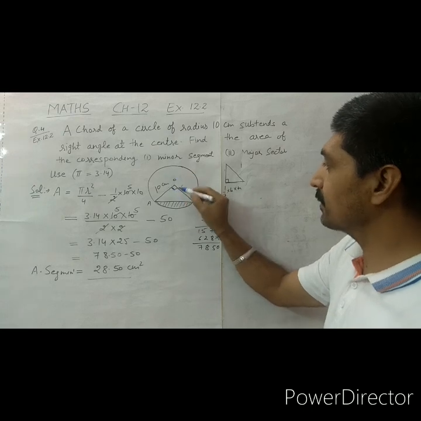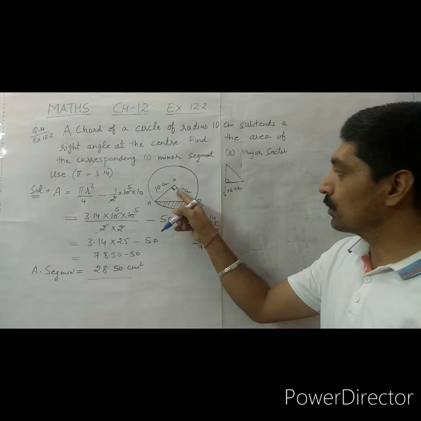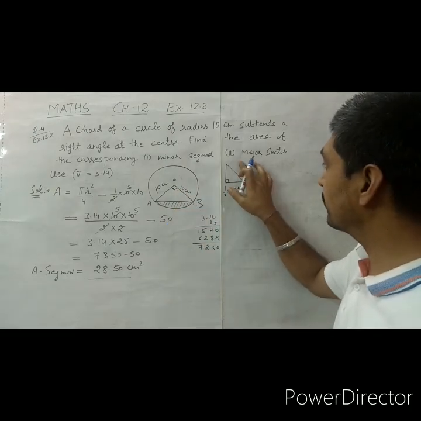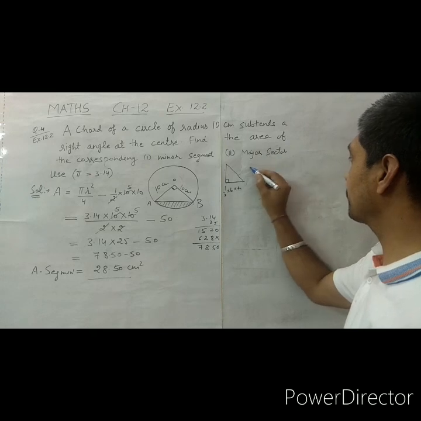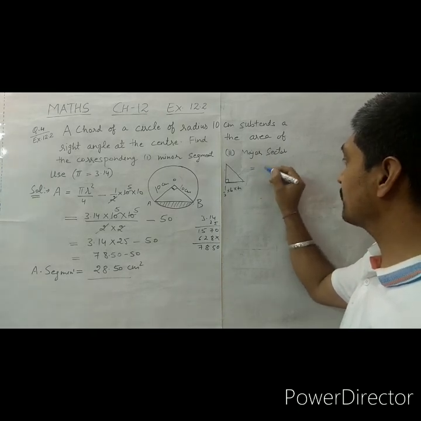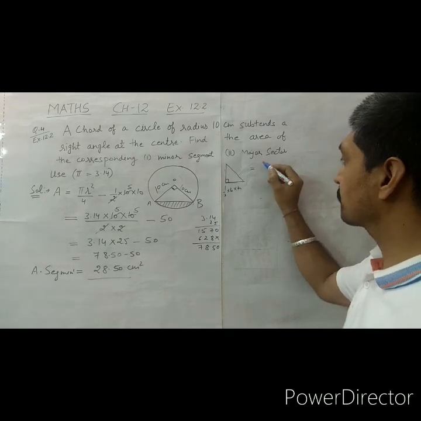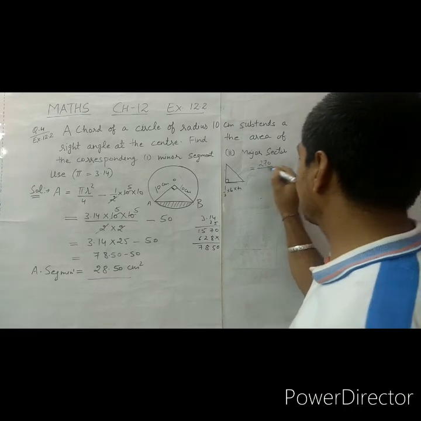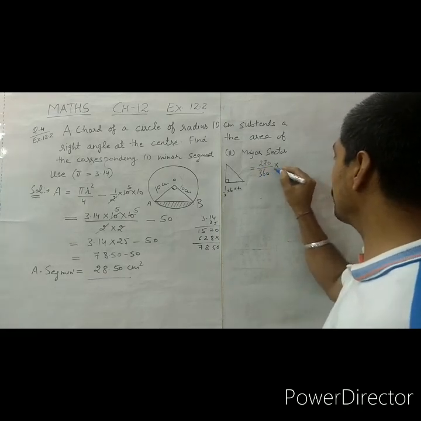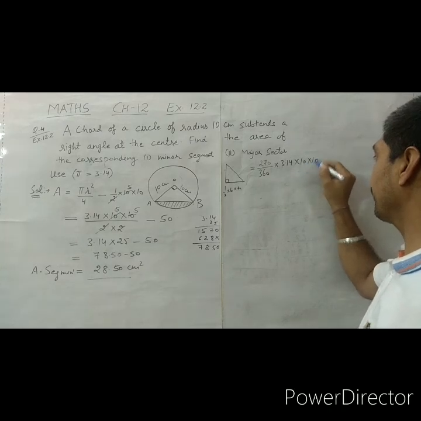This angle is now 360 minus 90, so that is 270 degree. So the area of the major sector is equal to, theta is 270 degree over 360 into pi r square. Pi is 3.14, r is 10 into 10.